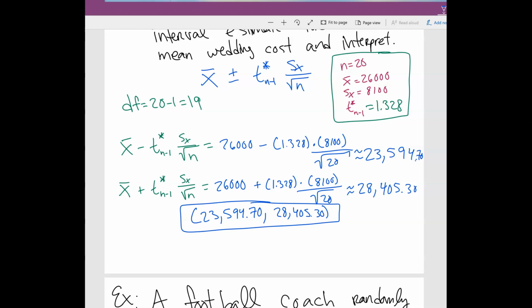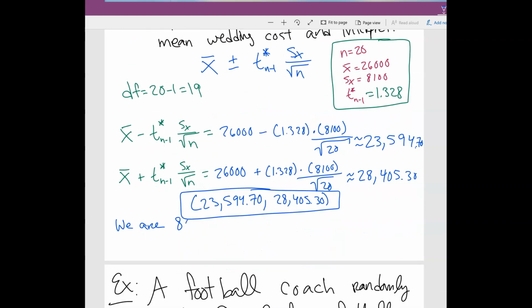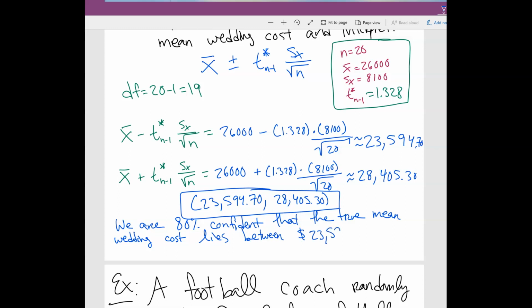So what does this mean? What this means is the following. It just says that we are, what percentage? We are 80% confident that the true mean wedding cost lies between $23,594.70 and $28,405.30.